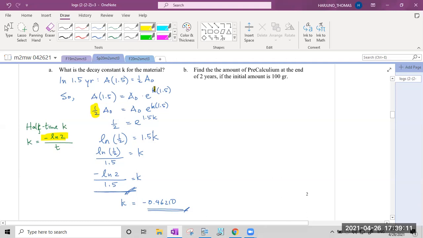Find the k such that in 1.5 years, only half of that radioactive material is left, half of the original amount. That's how we get that. That's actually the general formula. So this guy here is coming from this, and this is the time.